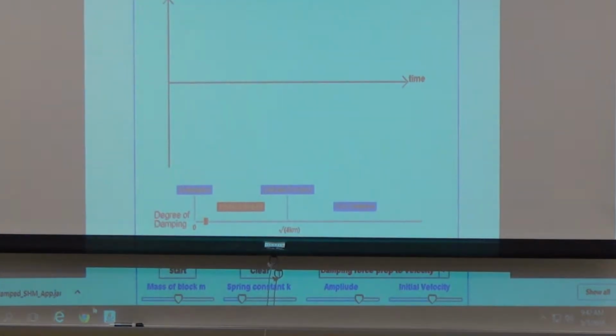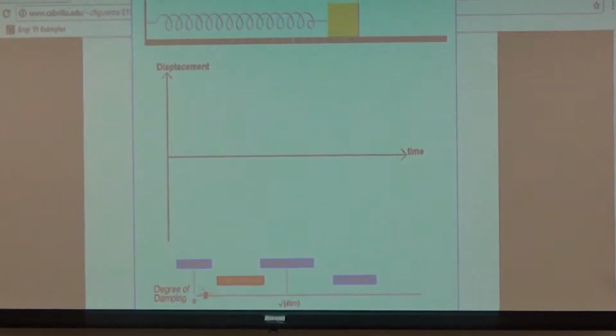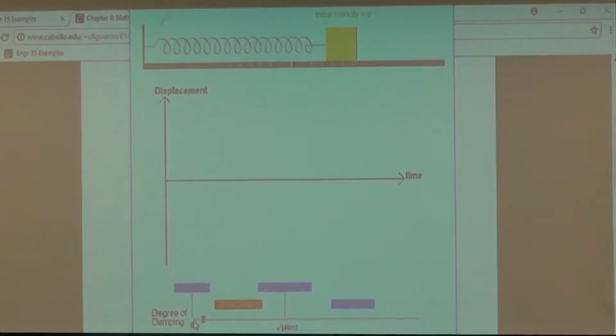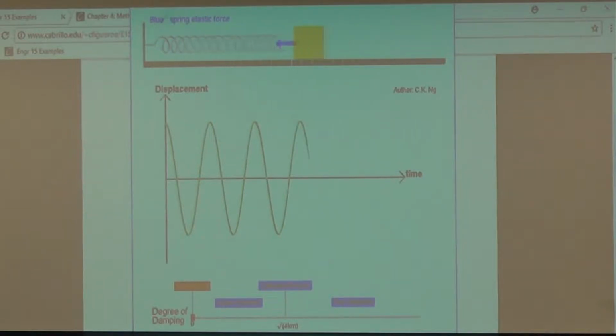Up above, I have a mass on a spring. And if I have zero damping, okay, if it's undamped, then this thing will oscillate forever. Right? There's no change in the amplitude, and it continues to just oscillate forever.